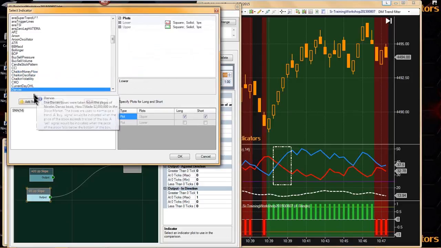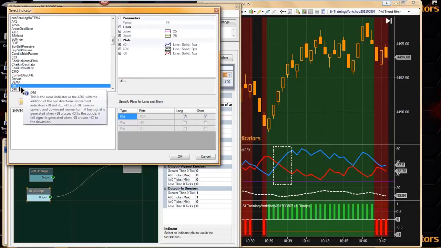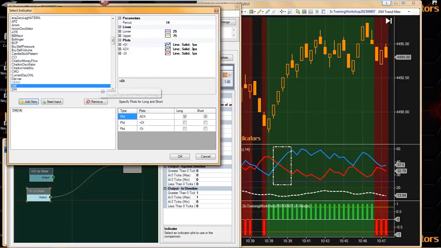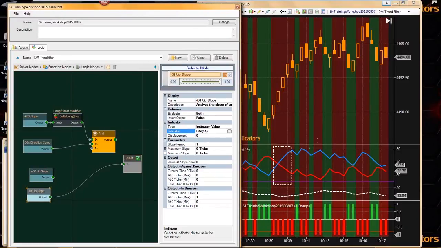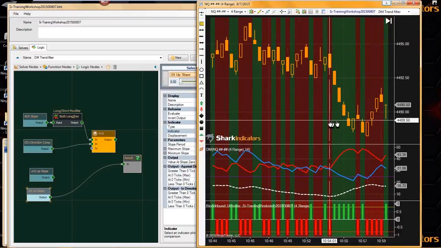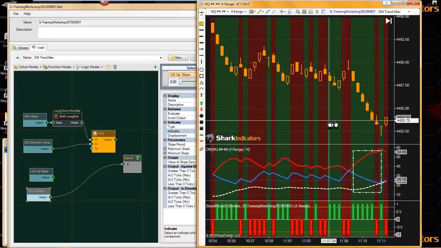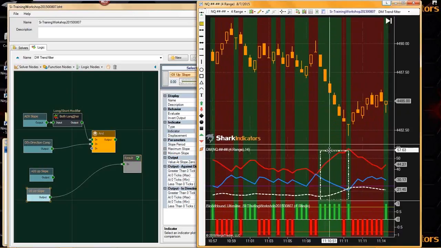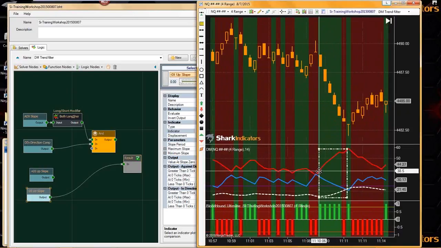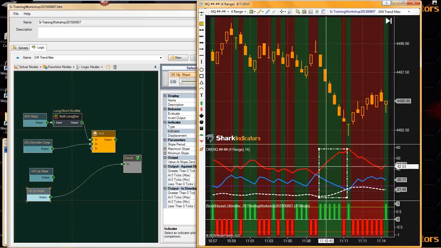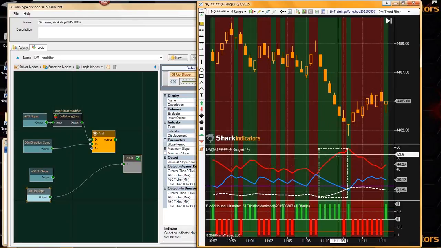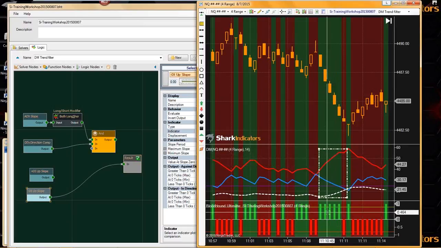Let's go select the indicator. Here we go. Now we want to select the minus DI. All right, so let's take a look at that. Now let's go back here. All right. So our DI minus, the red line, is sloping up, but we're getting a long output, right?